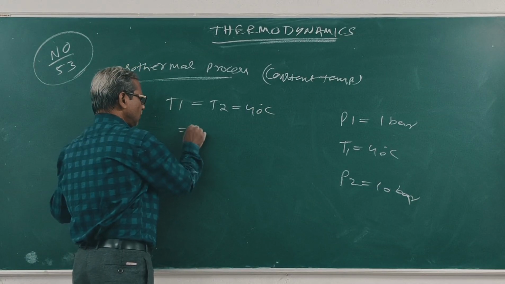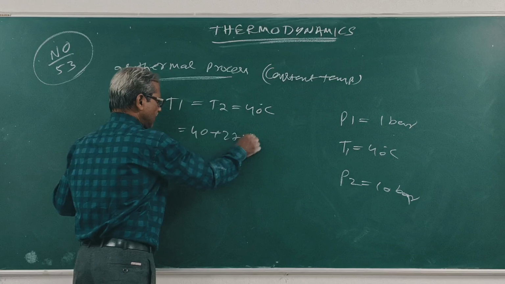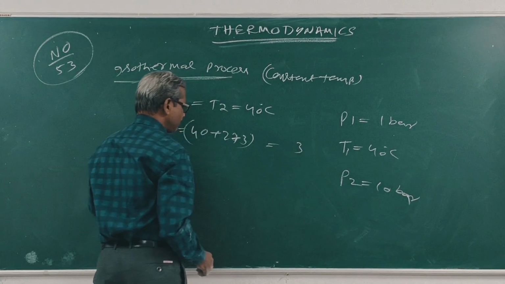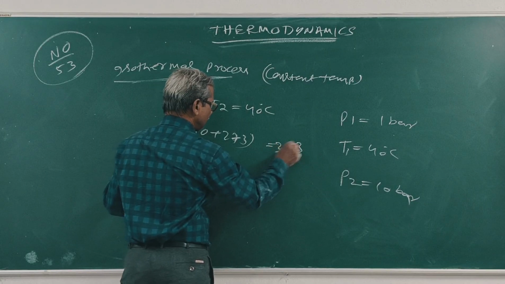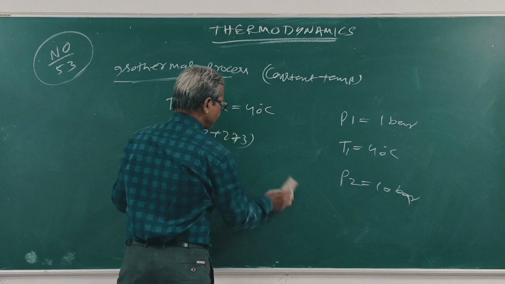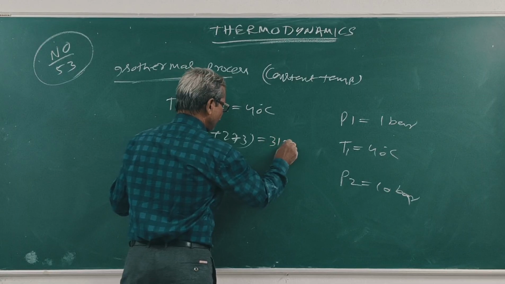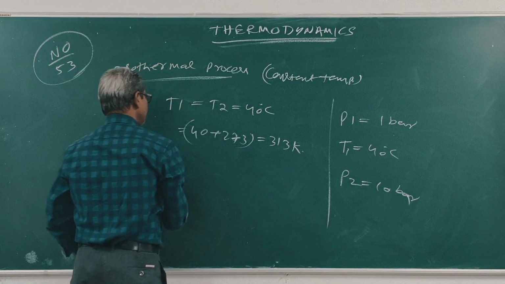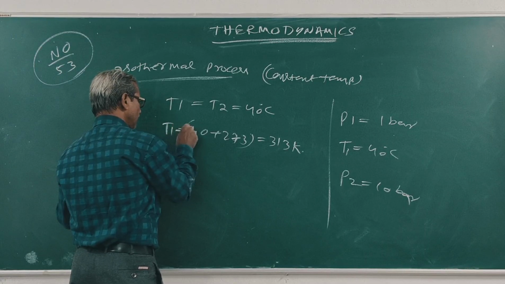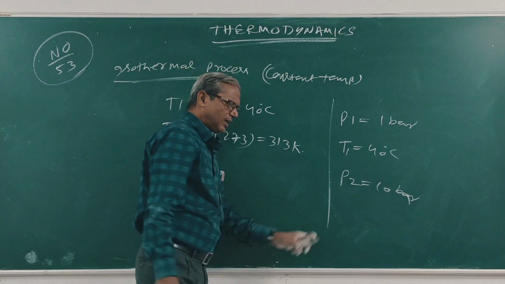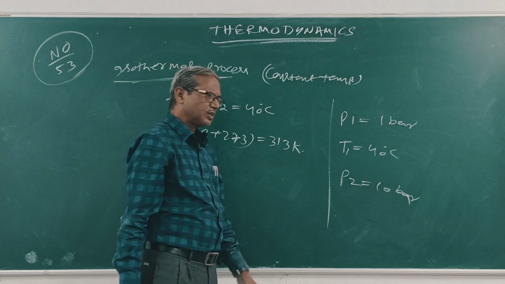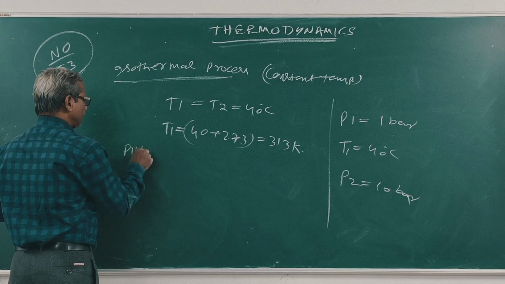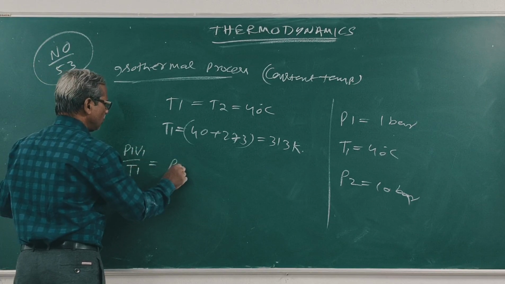This is 40 plus 273, which is 313 Kelvin. Here T1 is equal to T2. Now, P1 V1 by T1 is equal to P2 V2 by T2.